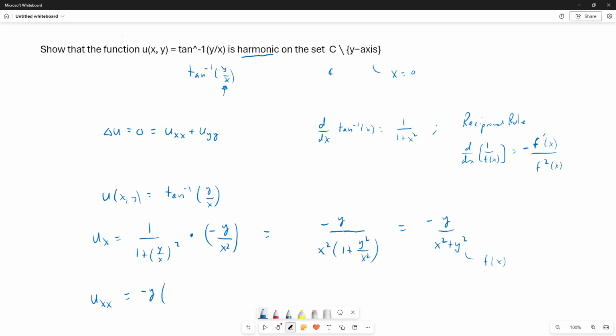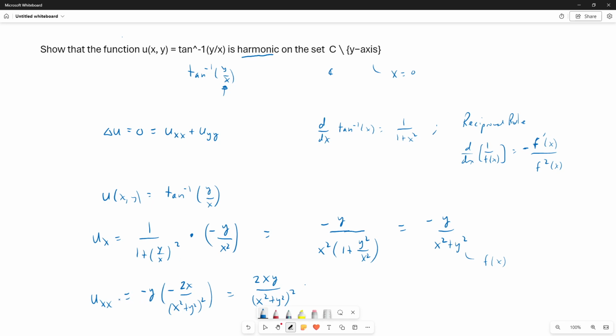In other words, the y is a constant. So negative f prime, the derivative of this with respect to x, is just 2x, and then divided by f squared, x squared plus y squared, squared. The negatives cancel, and we get the nice fraction 2xy over x squared plus y squared, squared.